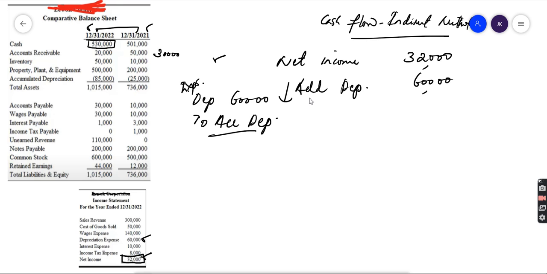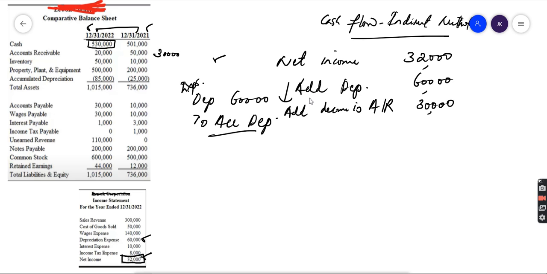Why is it a good sign? Because from a cash flow point of view, collecting cash from the accounts receivable is an inflow of cash. So therefore, we would add the decrease in AR. So if AR has decreased, we will add it back. If AR had increased, we would have deducted it. Okay, so we would add it back. All right.